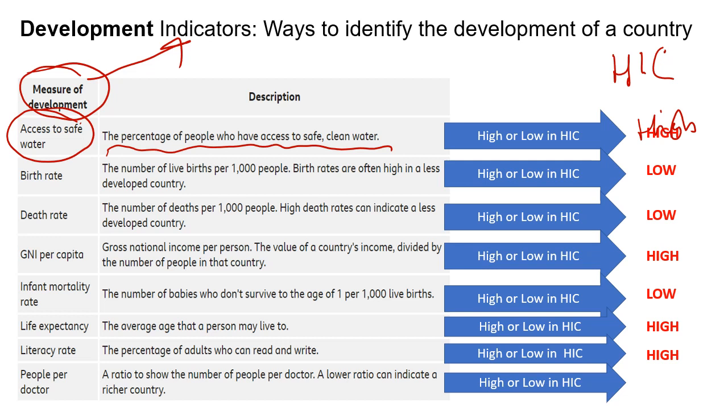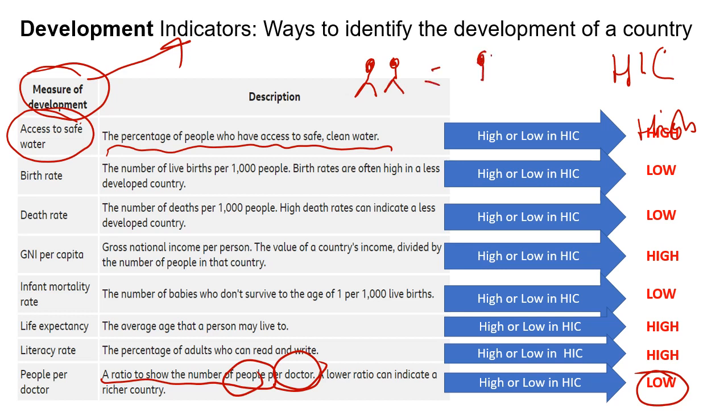And people per doctor, bit of a trick question here. How many people per doctor should actually be low in a developed country. That means how many patients per doctor. So if I've got 2 patients for every 1 doctor, that's good because that doctor has all his time to spend looking after 2 people.